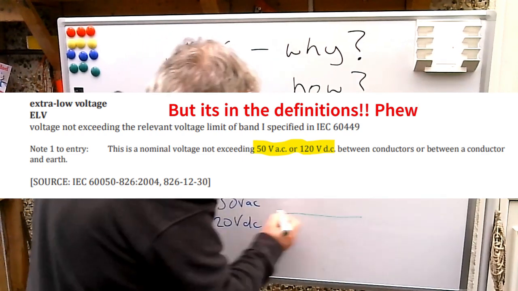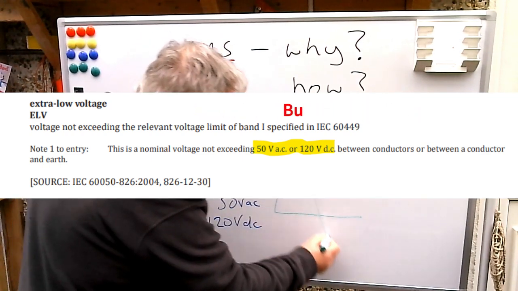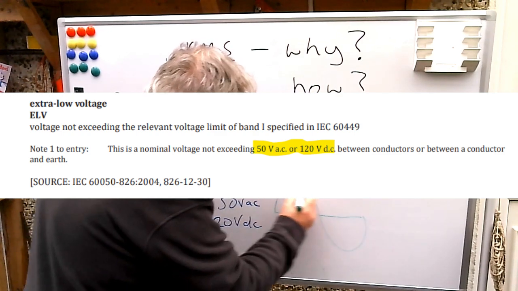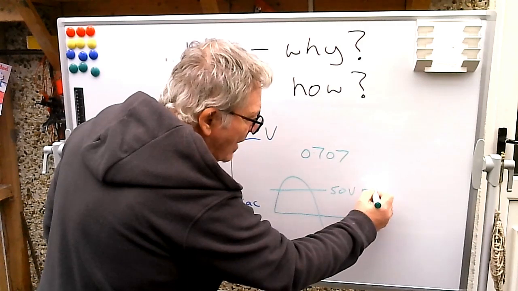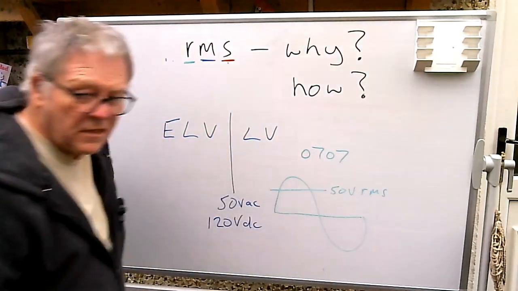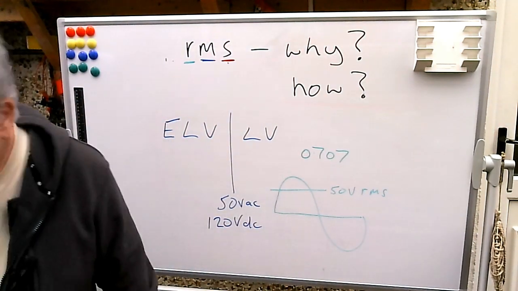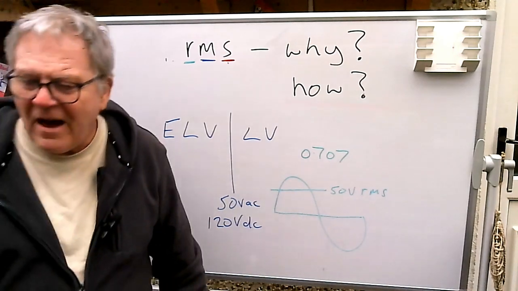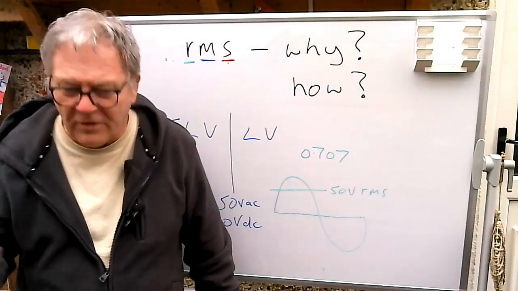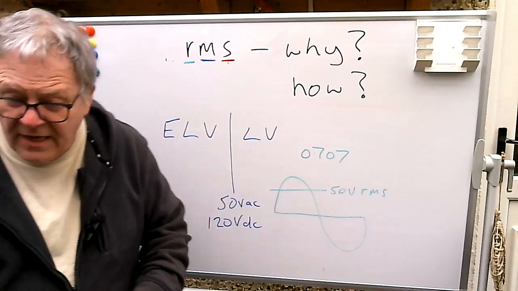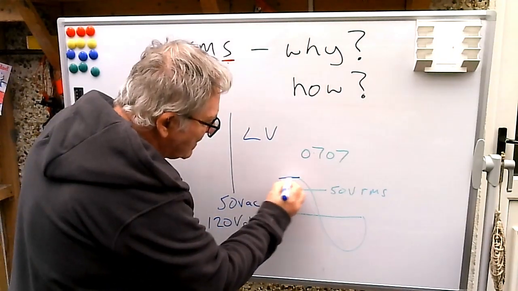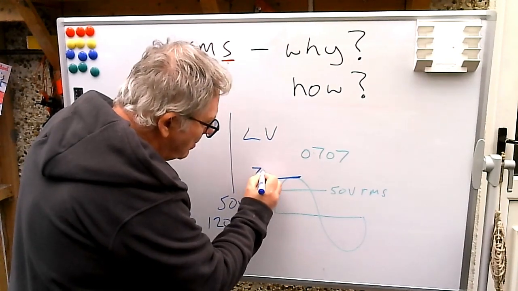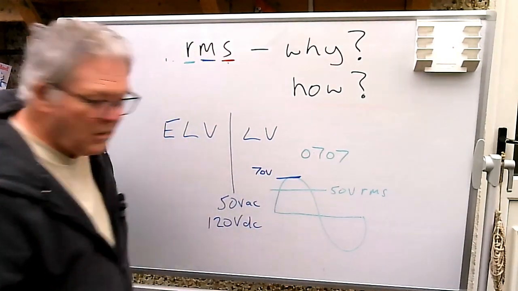If I get a wave and it's 50 volts RMS, because that's what it is. If I divide 0.707 into 50, that'll give me the peak. Well, I'll tell you what I get. The peak you get is about 70 volts.